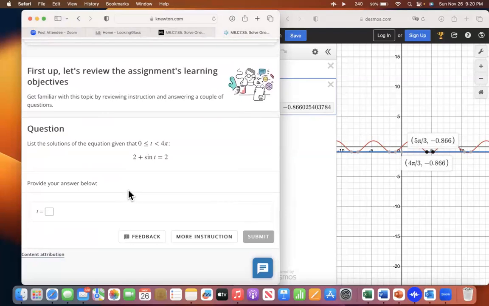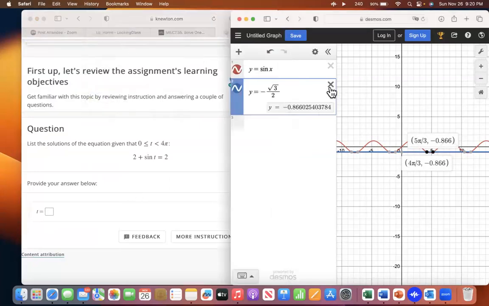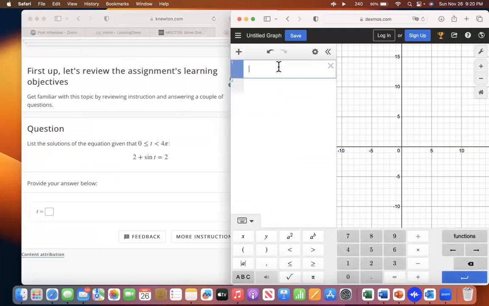All right, so this one we'll have to do a little bit more effort on, but you're going to do the same thing. You're going to graph y equals 2 plus sine x. Now, do you know what a curly brace is? No. Okay. It will really help if you can find the curly brace on your keyboard.